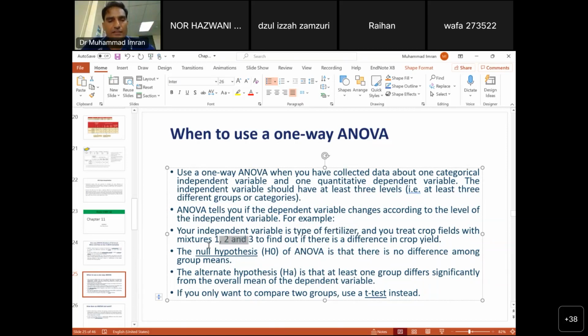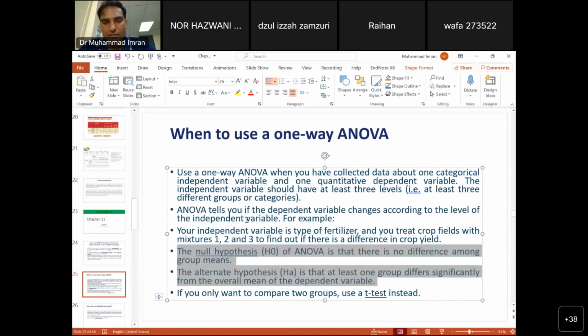I mean, your hypothesis should be that there is a difference between the type of fertilizer and the crop yield, or that there is no difference. Suppose here I'm going to write. See, now H1. See the null hypothesis.